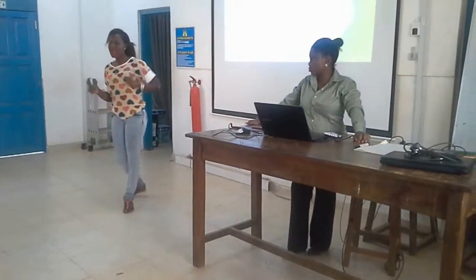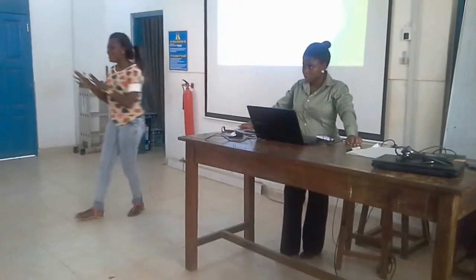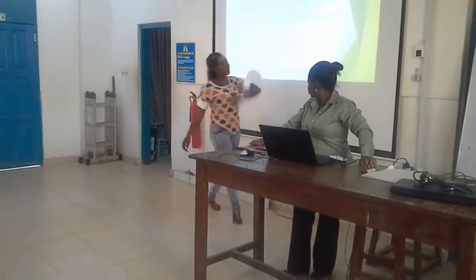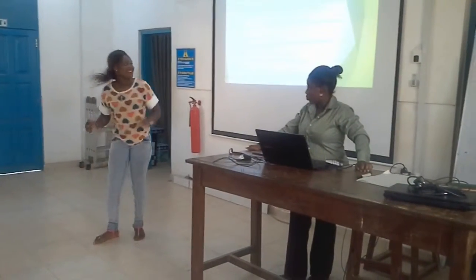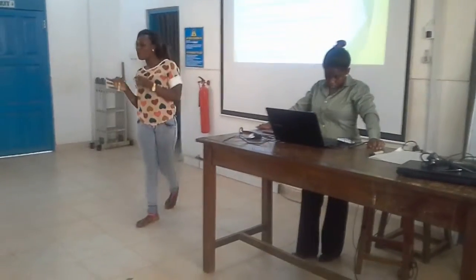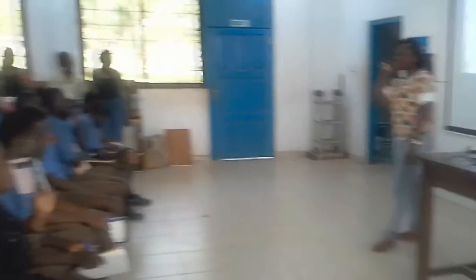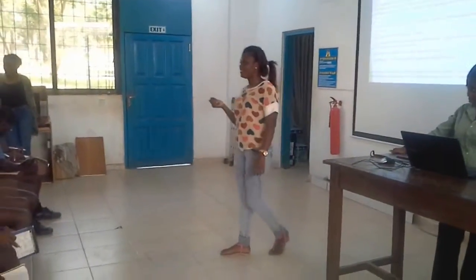Like Africa. If you write Africa, it can give you African. Other examples are agriculture, agricultural, agriculturalist. So this is some of what we want you to know. When you are searching for something, you just put an asterisk there.